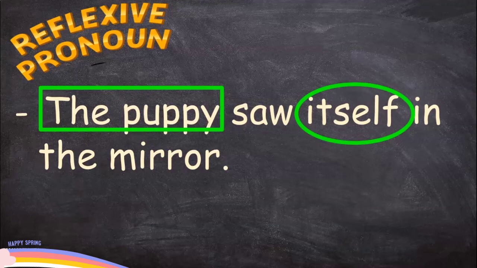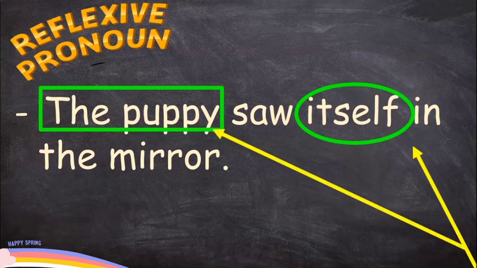In other words, the puppy saw the puppy in the mirror. The puppy, who is the doer of the action, saw itself, is also the one receiving the action of being seen.